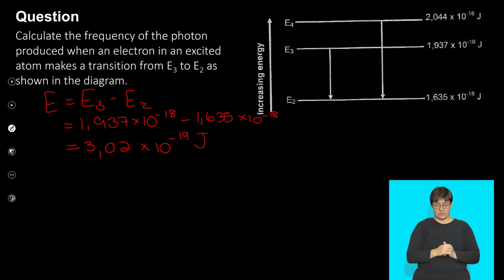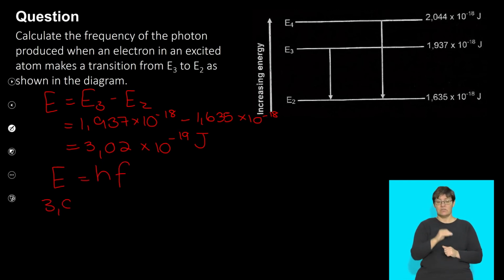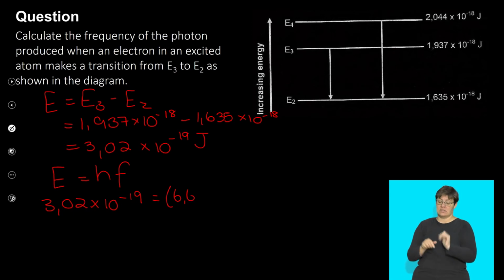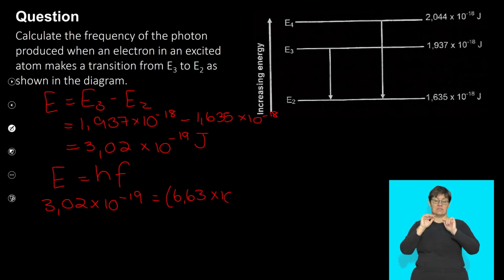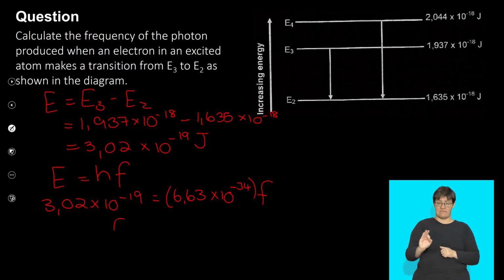So that's okay, and we know that E equals hf, so this is 3.02 times 10 to the minus 19, and we have 6.63 times 10 to the minus 34 times the frequency.